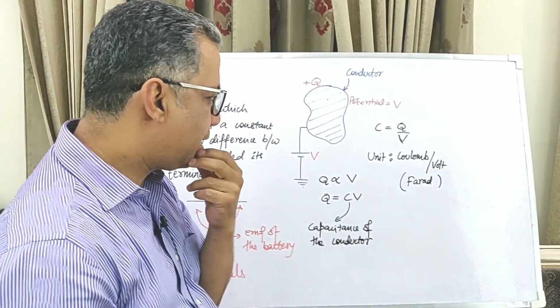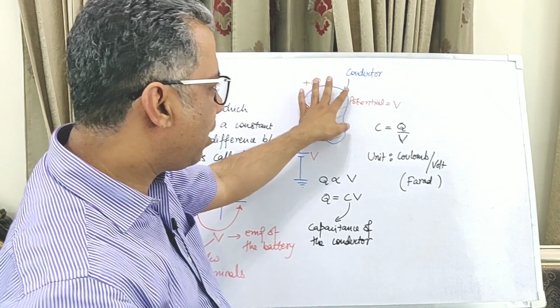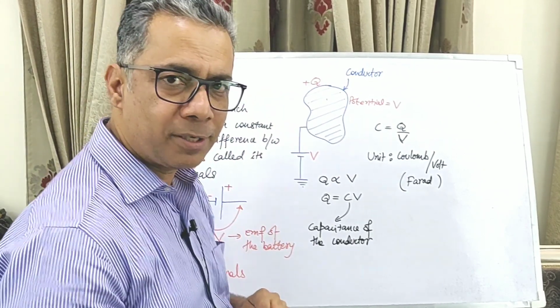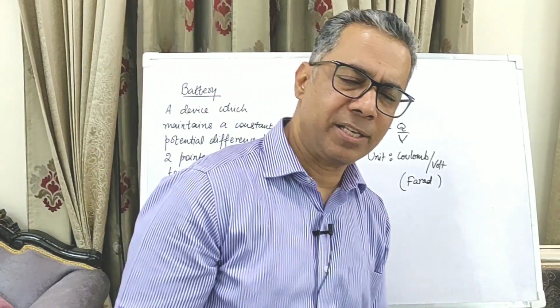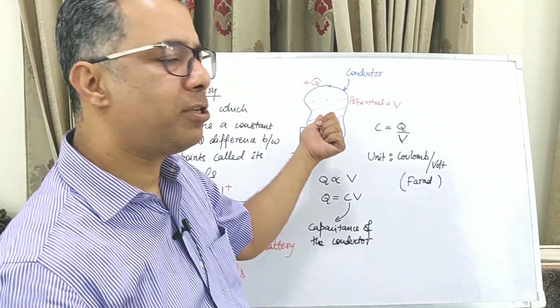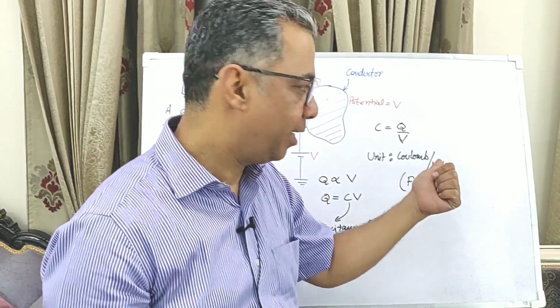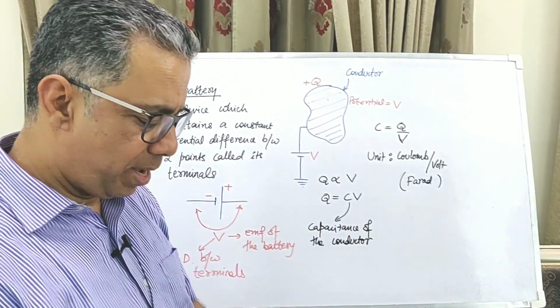One little thing that I might have forgotten to tell you is that this capacitor not only stores charge, it also stores energy. So in fact, that's what a capacitor does. It's a device that stores charge as well as energy. Now how much energy does this particular capacitor store? We'll need to make a calculation.